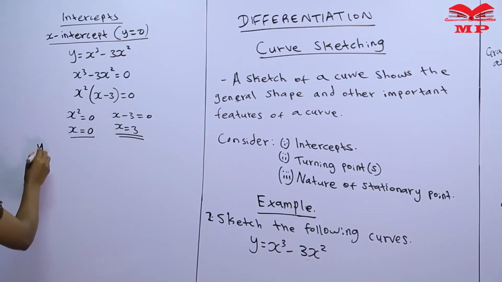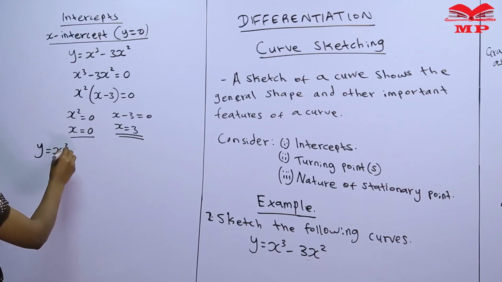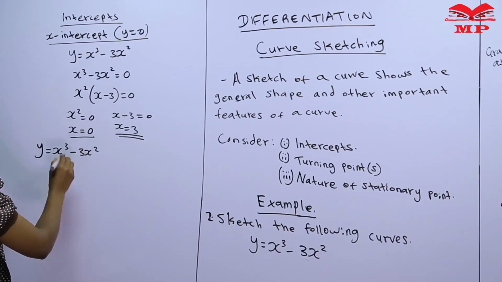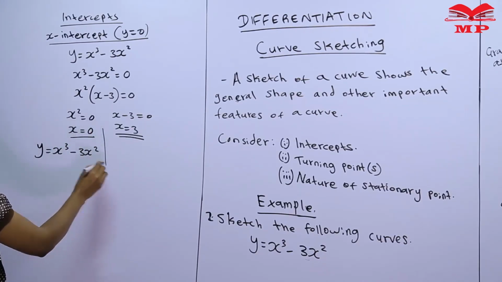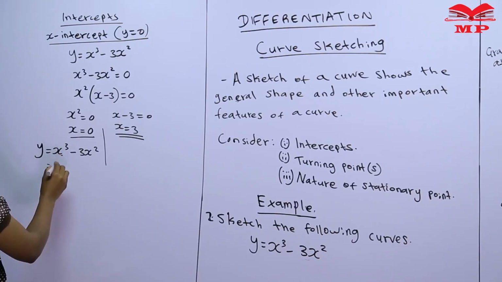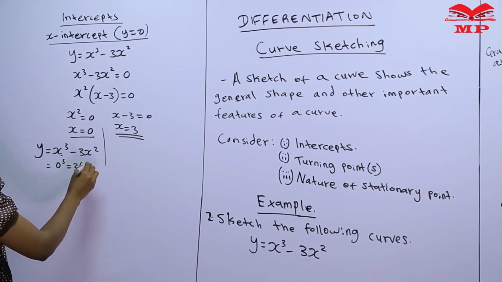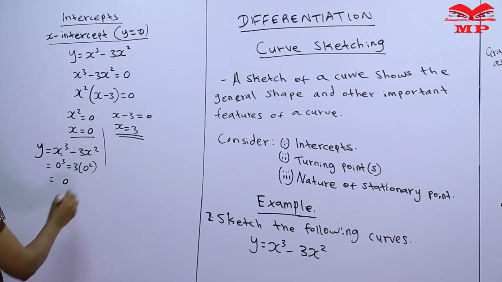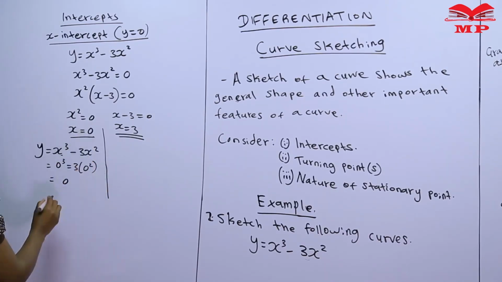So we have y equal to x cubed minus 3x squared. When x is 0, we have 0 cubed minus 3 times 0 squared, we get 0. So we get x is 0, y is 0.